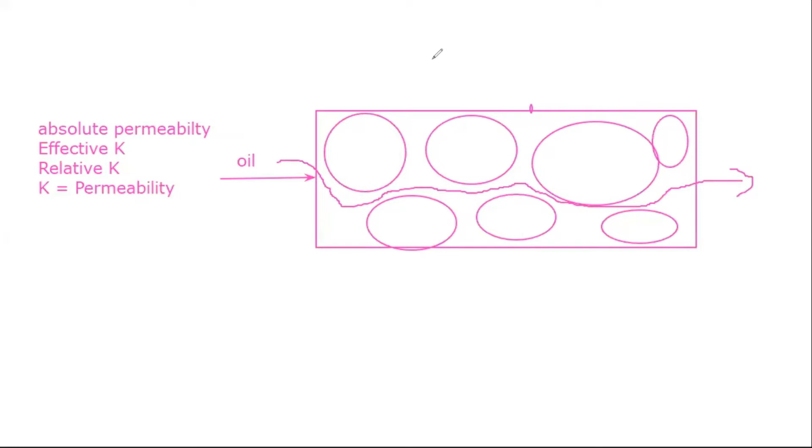As you see, we said we have three phases: oil, gas, and water. Now, in this picture, we are just sending the oil. It means it has only one phase.